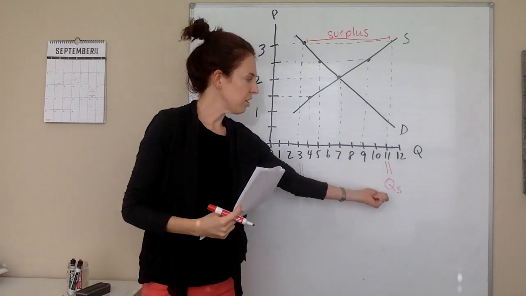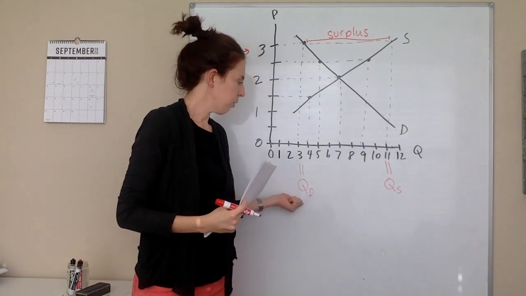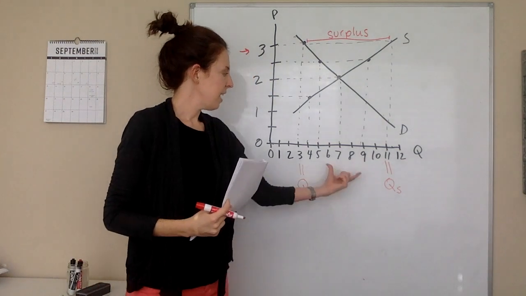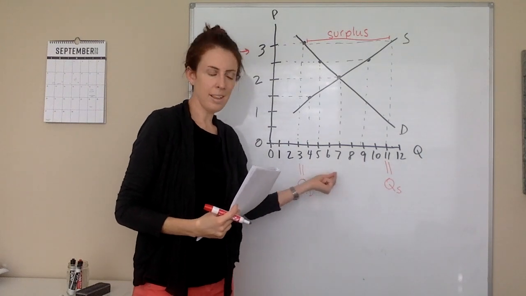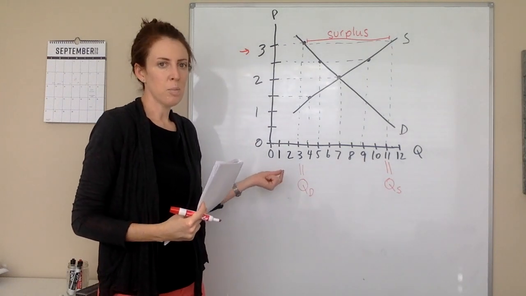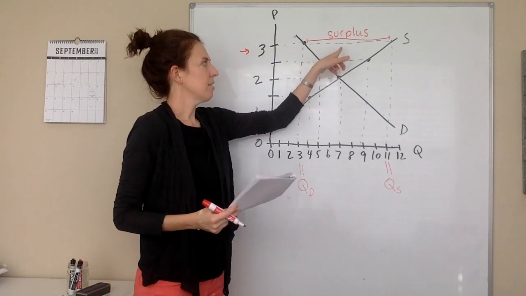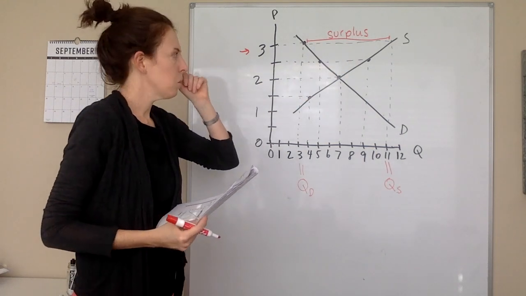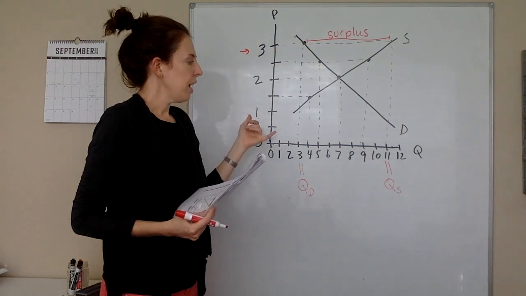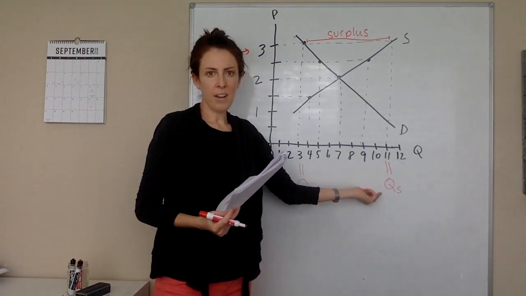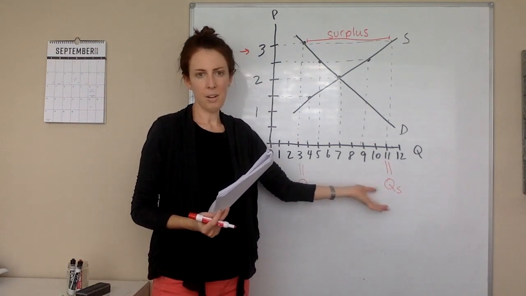Because there are 11 ice cream cones sitting on the shelf, 3 of them get purchased, and there are 8 between 11 and 3, so 8 are left over.